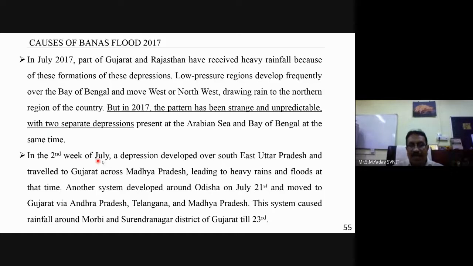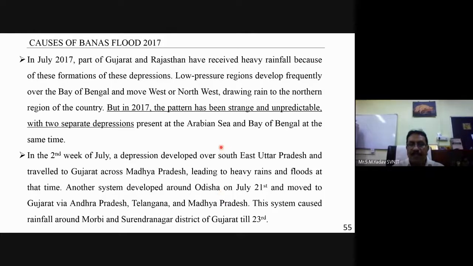So in the second week of July, a depression developed over southeast Uttar Pradesh and traveled to Gujarat across Madhya Pradesh, leading to heavy rains and floods at that time. Another system developed around Odisha. Uttar Pradesh is in the northern part, sir, while Odisha is in the southern part of the country.